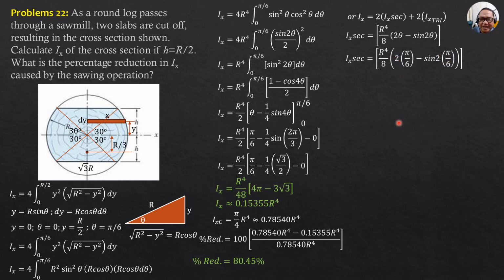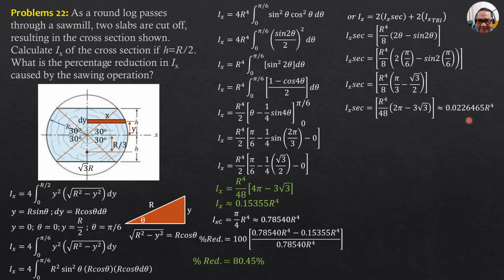So that would be r to the fourth over 8 times pi over 3 minus square root of 3 over 2. Simplifying, that's r to the fourth over 48 times quantity 2 pi minus 3 square root of 3, and that's 0.0226465 r to the fourth.